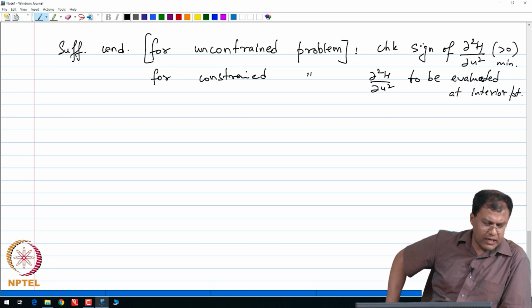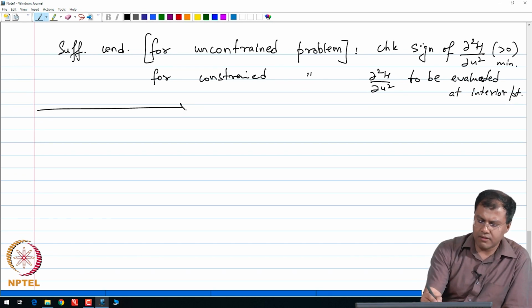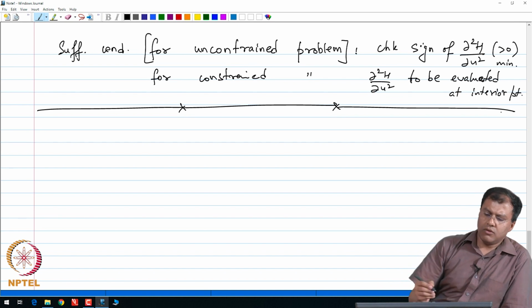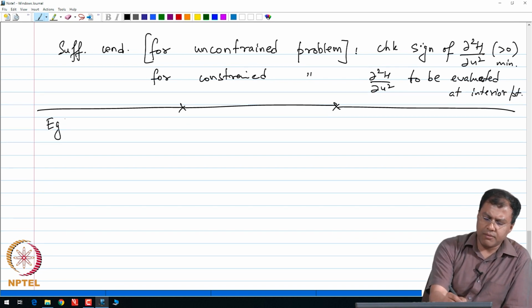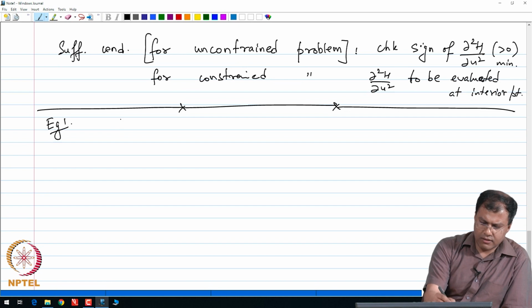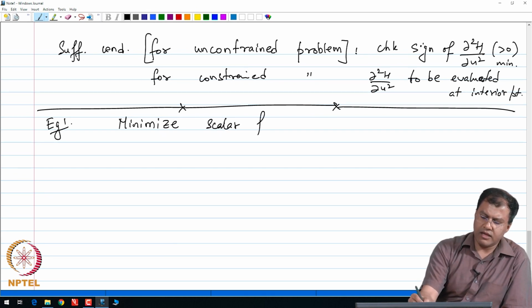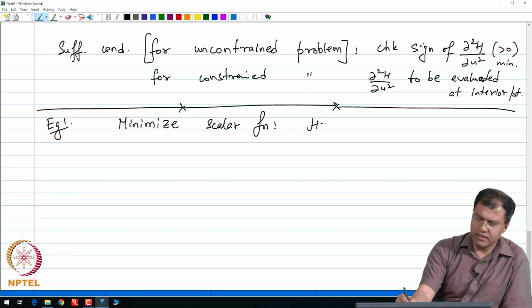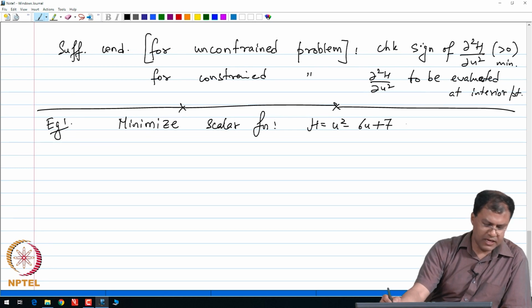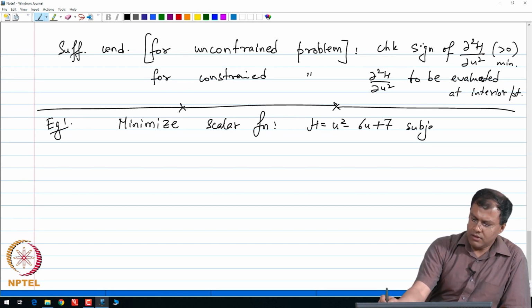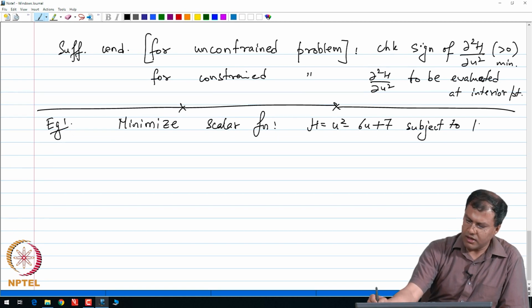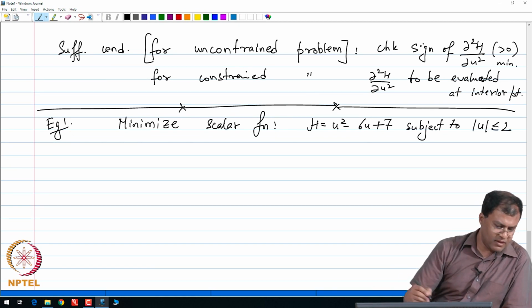Okay. So, let's look at some examples. I have a very simple example to begin with. The example says we need to minimize the scalar function h is equal to u square minus 6 u plus 7 subject to u less than equal to 2, right.